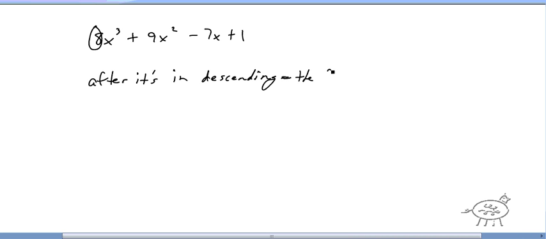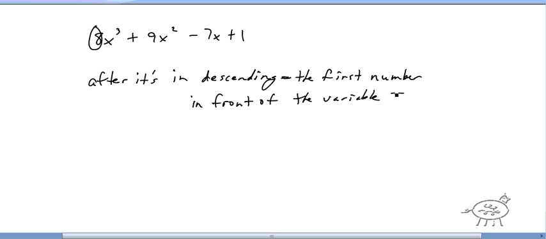the first number in front of the variable is called the leading coefficient. Okay, first of all, I guess I should have explained this first.